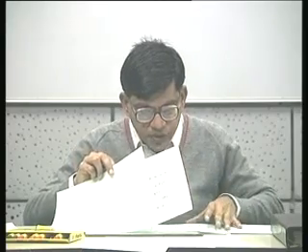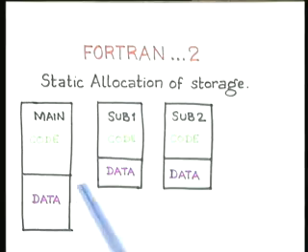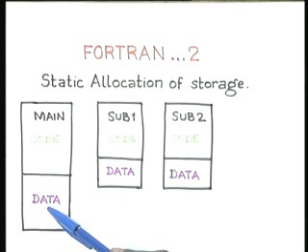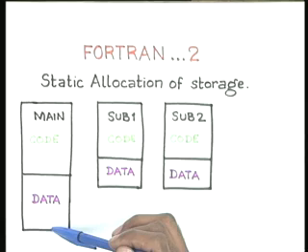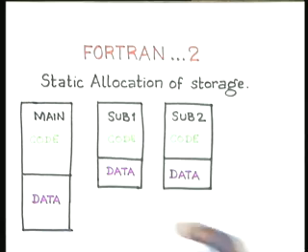Yeah, and this is due to the fact that in Fortran and COBOL, they actually allow a static allocation of storage, and it in fact follows a different runtime model, in the sense that you have data associated with every block, and all the blocks are allocated separately.